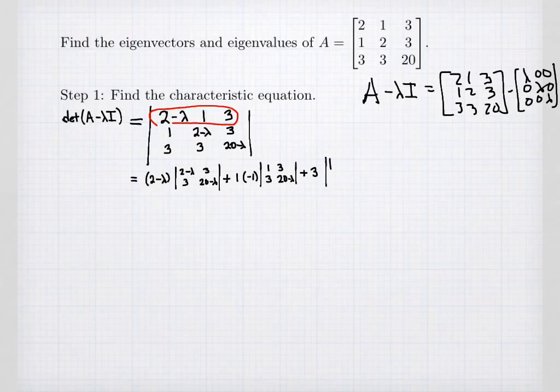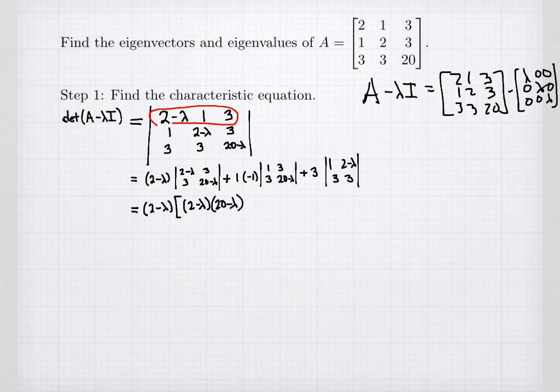And I have 1, 2 minus lambda, 3, and 3. Now that I have this, I'm going to calculate my determinants of each of the 2 by 2 terms using the simple 2 by 2 product formula. So we get 2 minus lambda times 2 minus lambda times 20 minus lambda.